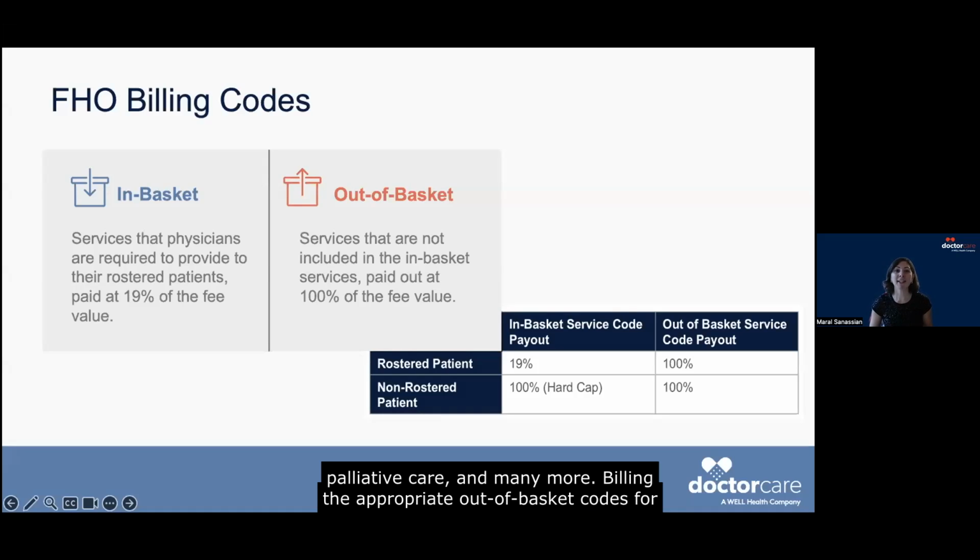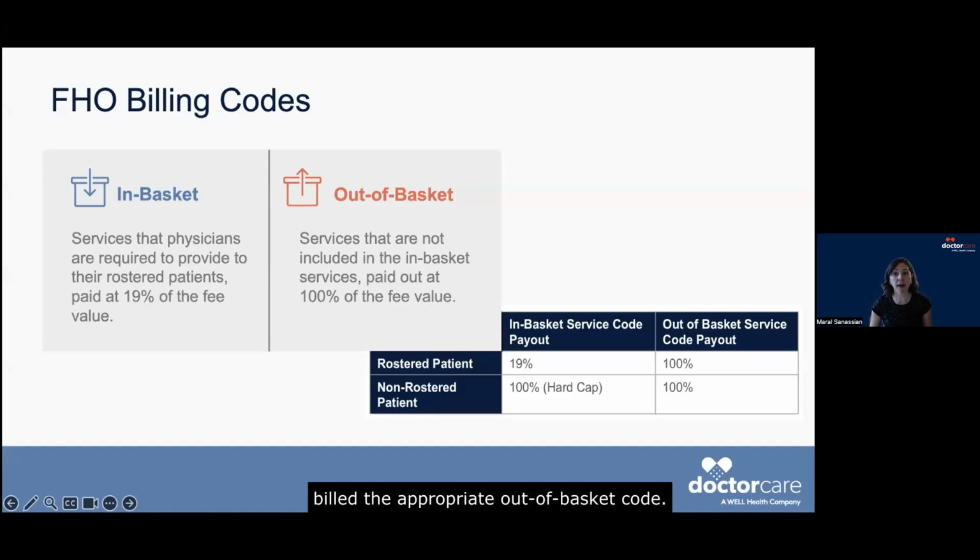Billing the appropriate out-of-basket codes for the services you provide is important in ensuring that you are paid for the full value of the service. Doctors miss out on a higher revenue potential when billing an in-basket code for their rostered patients when they could have billed the appropriate out-of-basket code.